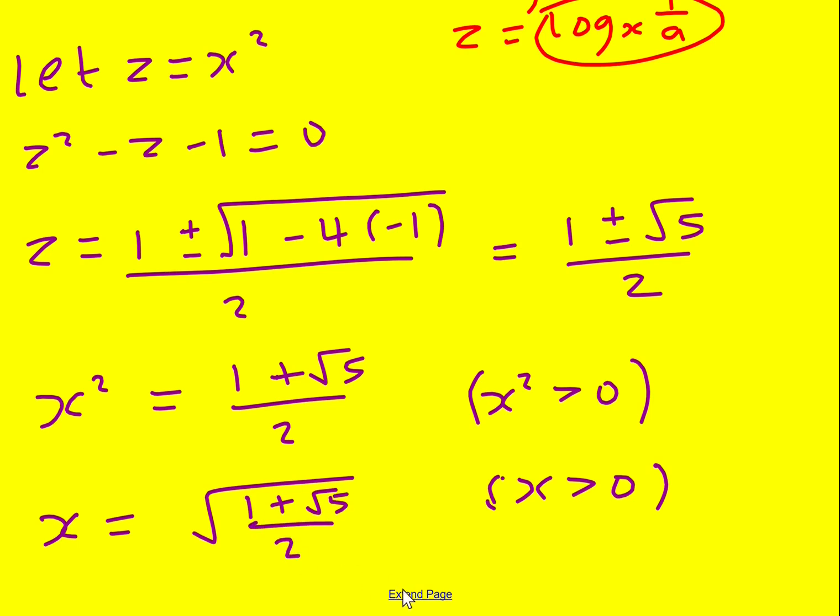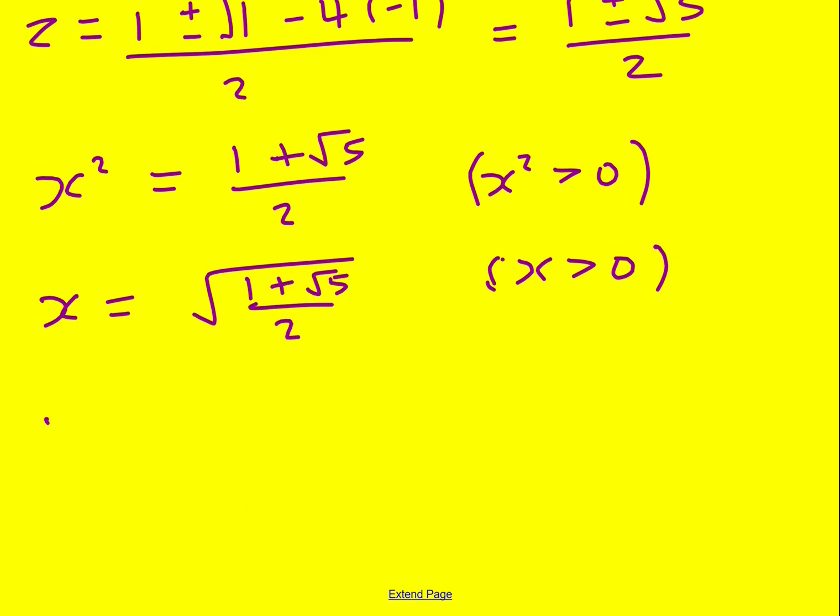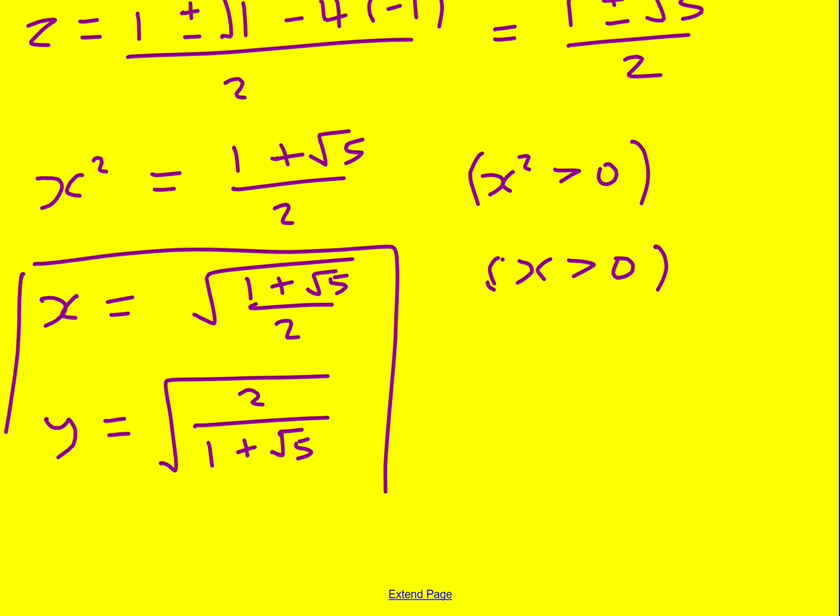Ignore the negative. And y, remember, was 1 over x, so we can just flip it round. It's going to be 2 over 1 plus root 5, square rooted. There we go.